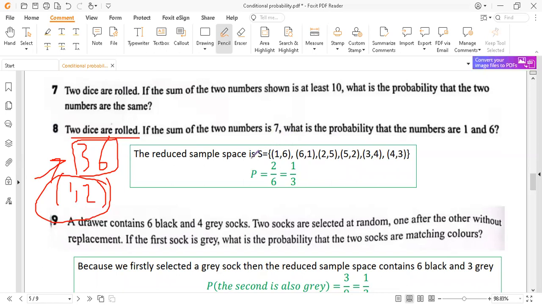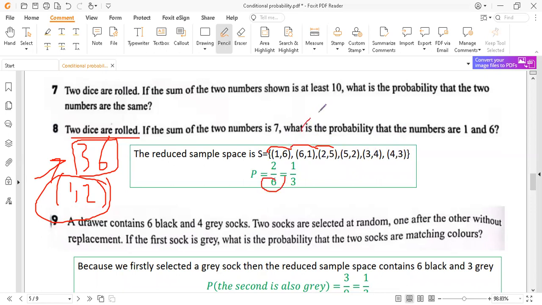So we obtain the reduced sample space as 1,6, 6,1, 2,5, 5,2, 3,4, 4,3 only. So as possible outcomes, we have these 6.